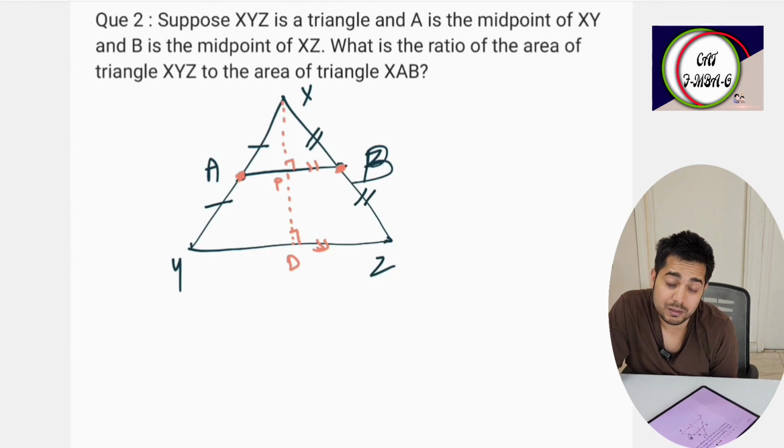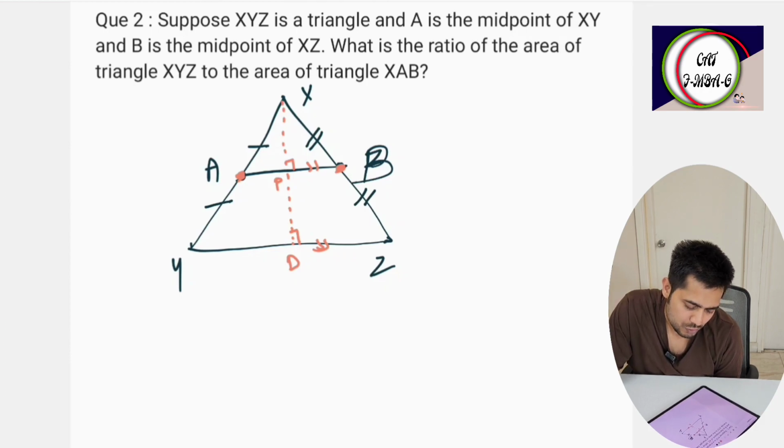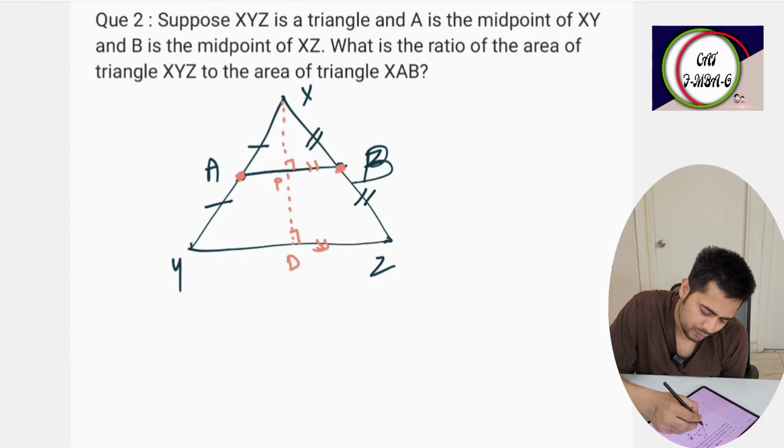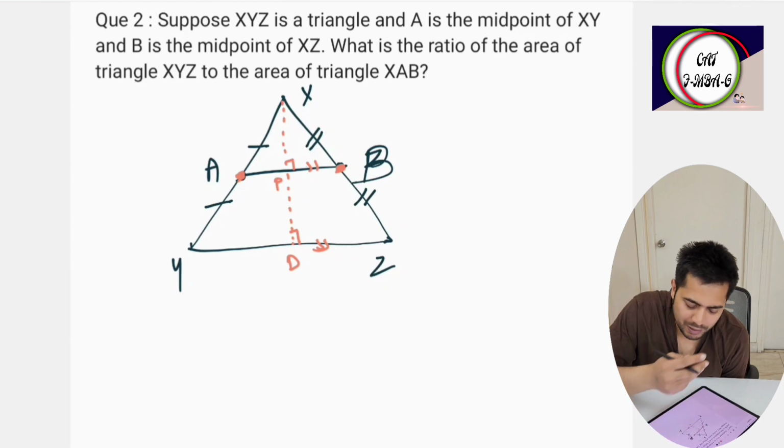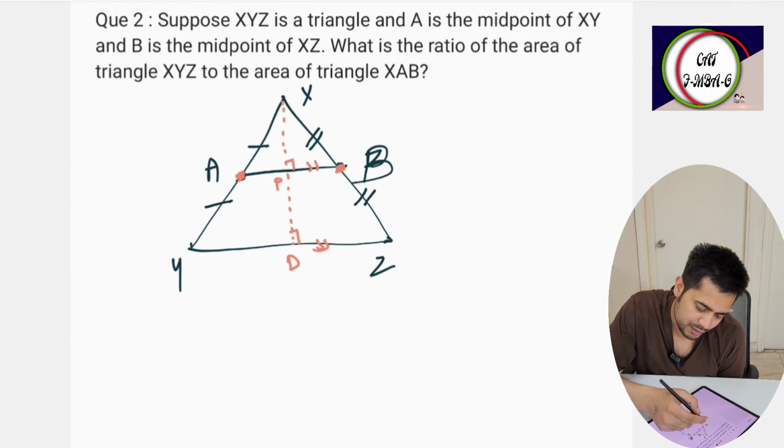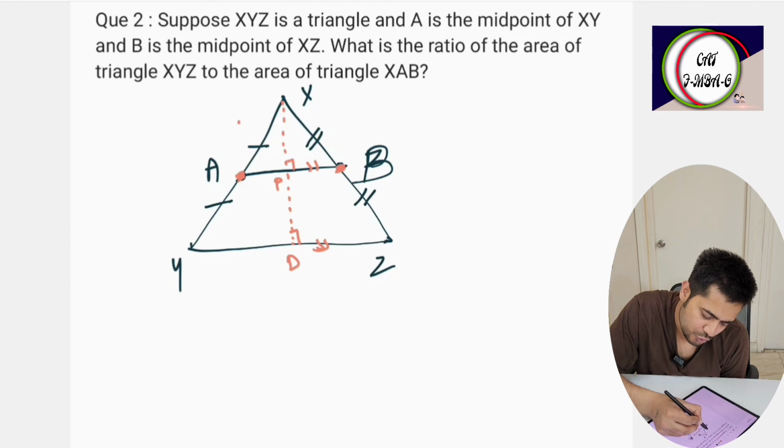This is by the midpoint theorem. So there is a property in this kind of case: since AB is parallel, and it is dividing these in the ratio 1 is to 1.